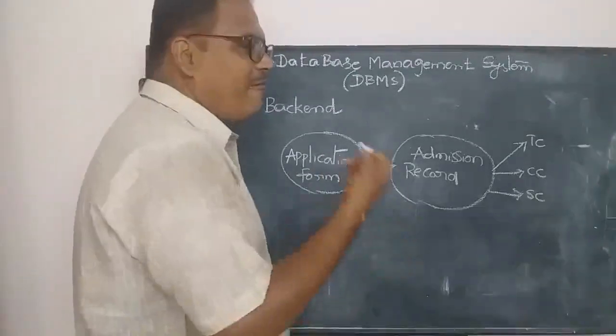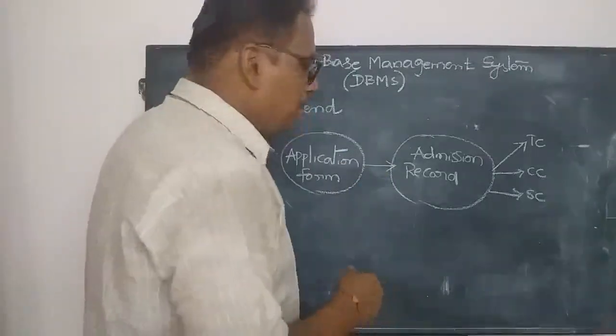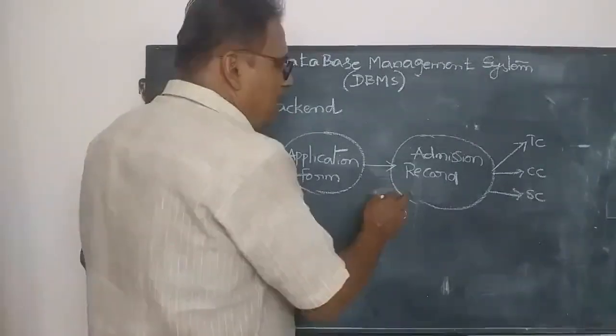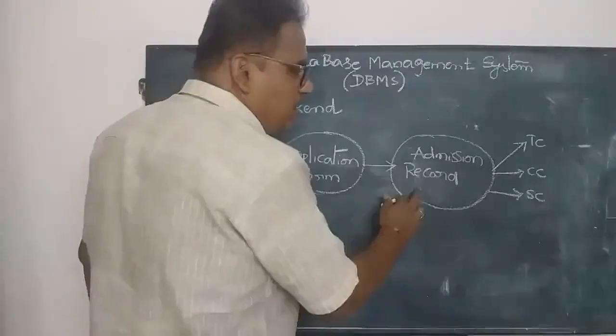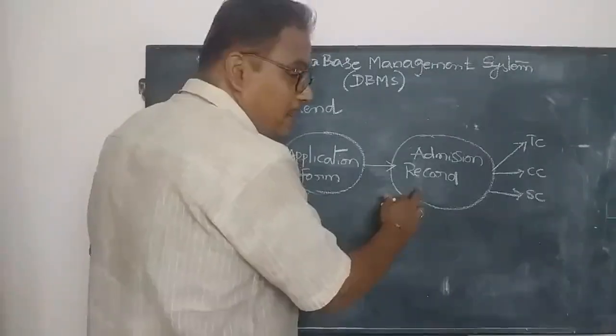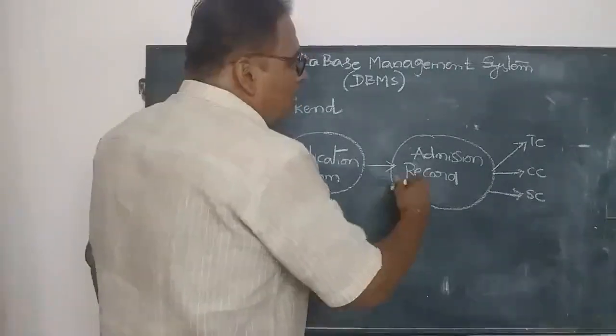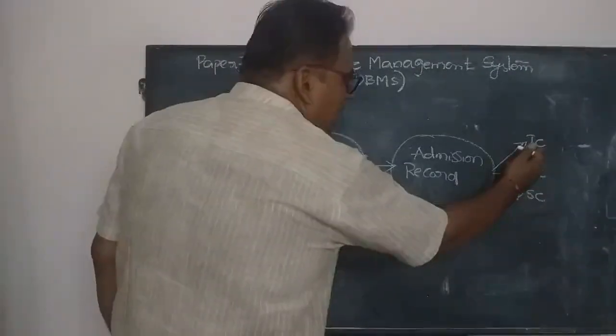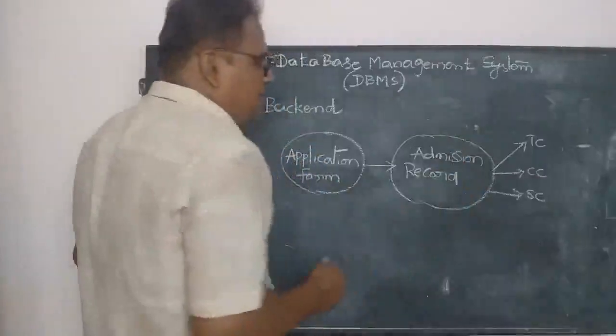The information required by the college or university is produced in a prescribed way in the admission record permanently. After completion of your course, other reports will be generated, that is TC, CC and SC.